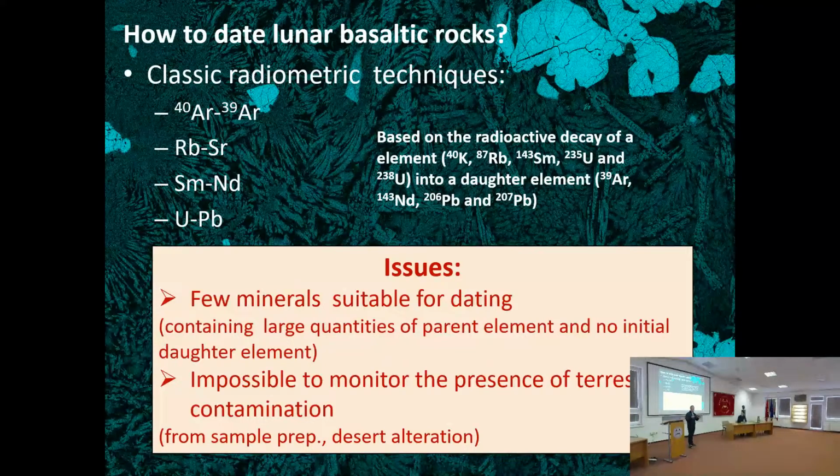We are talking about meteorites that were on Earth for several years, sometimes 100 or 1,000 years. They have been contaminated by terrestrial materials. That means the isochron is likely biased.